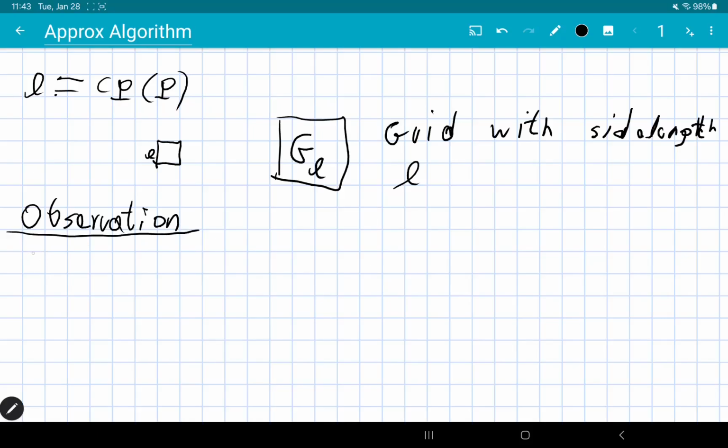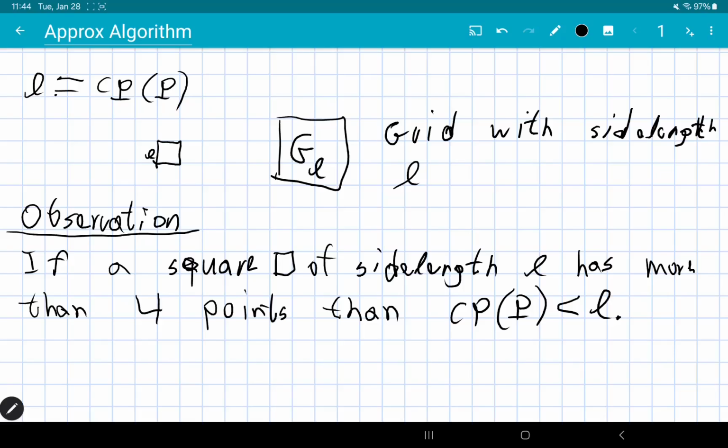So specifically, if a square of side length L has more than 4 points of P, of course this is important, then the closest pair distance of P is smaller than L. Namely, L is not the closest pair distance.